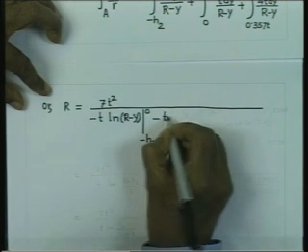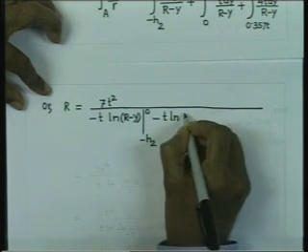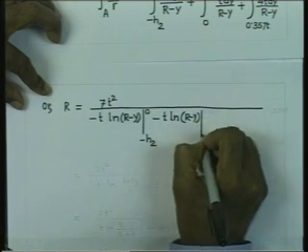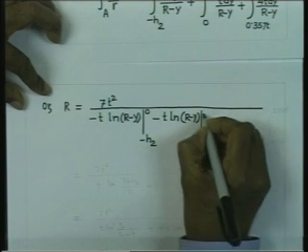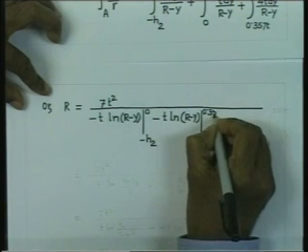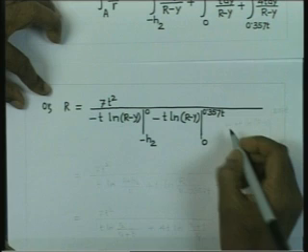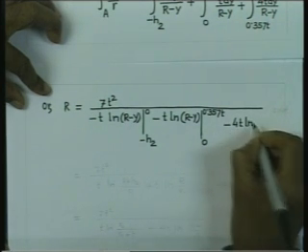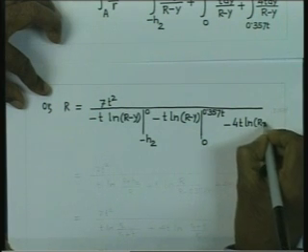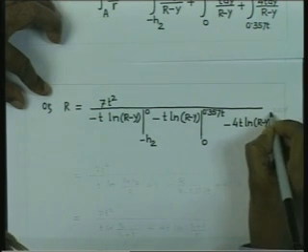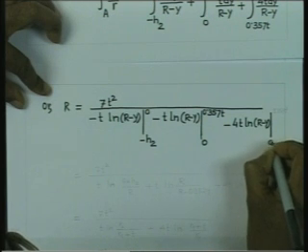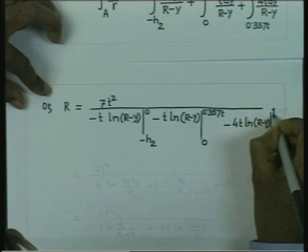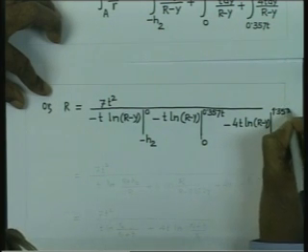Second integral is minus t ln again R minus y, 0 to 0.357 t, minus 4 t ln R minus y, and the limits are 0.357 t to 1.357 t.